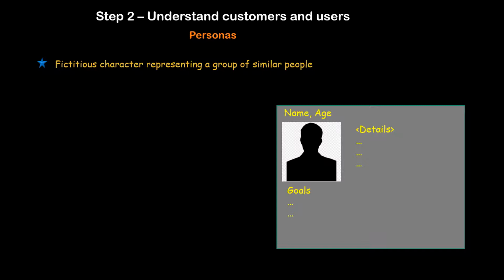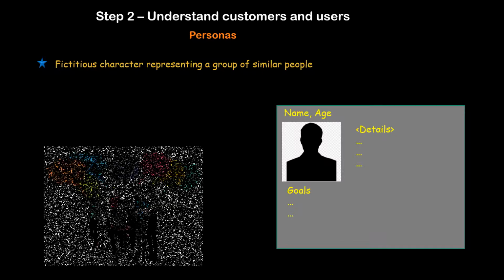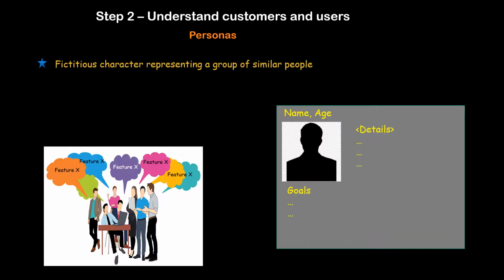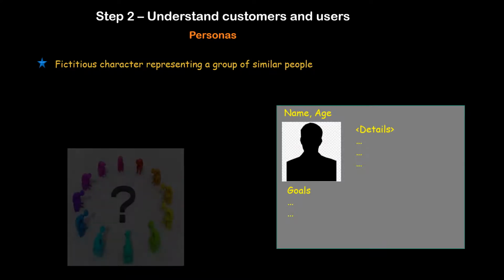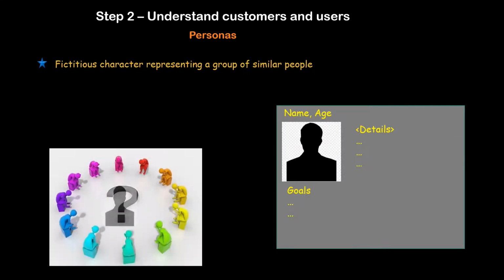With that persona in mind, everyone has a common understanding of the user for whom the team is designing the product. Discussions about whether to include a given feature will not take forever because the decision will now be based on the answer to the question, would this persona X want this feature?